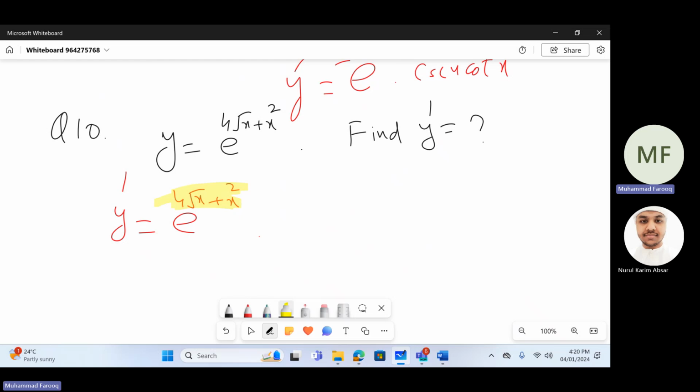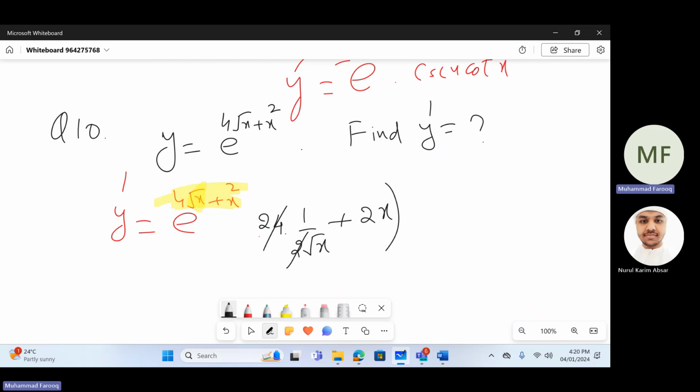So in the power we have two functions. One is 4 times root x, the other is x squared. So its derivative: 4 is the constant, keep as it is, times 1/2 root x, because this is the derivative of root x. Plus, and then x squared gives plus 2x. This 2 and 4 cancel out.